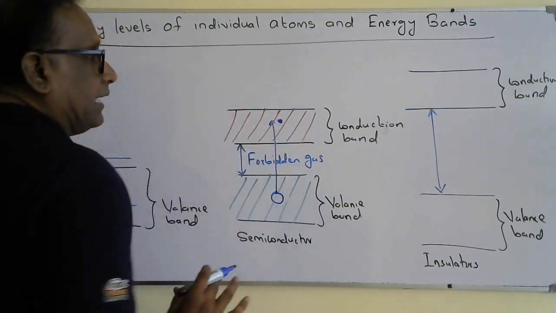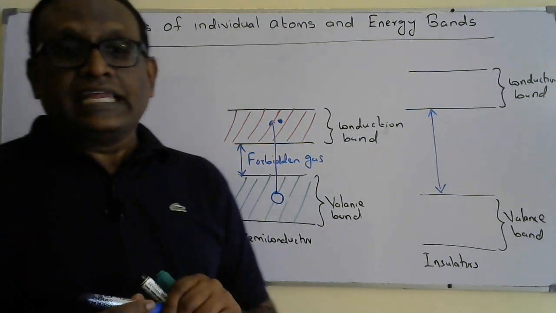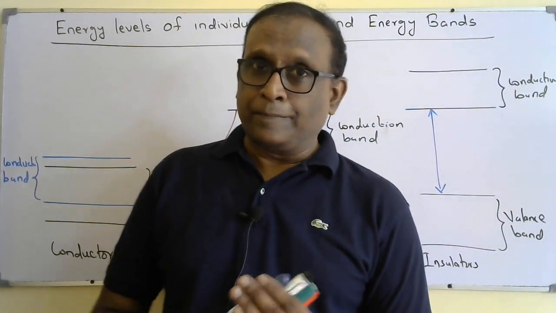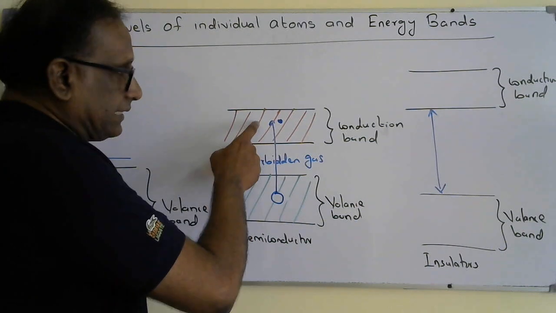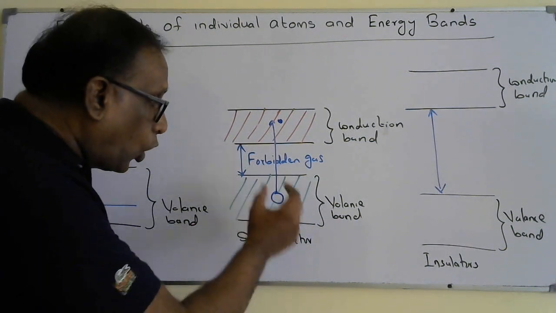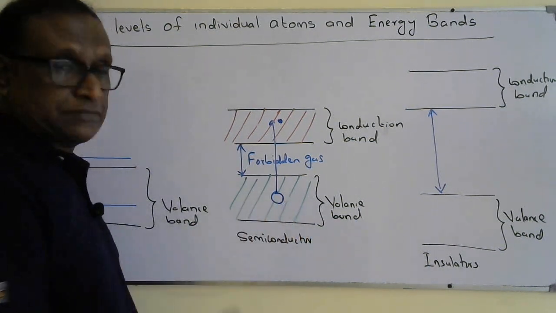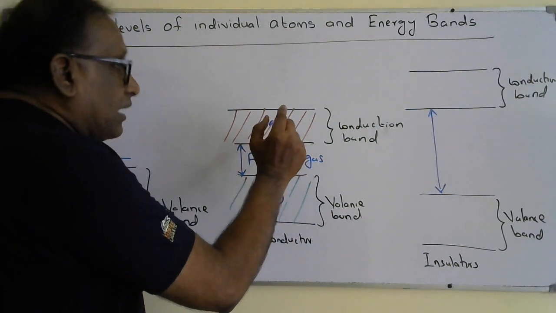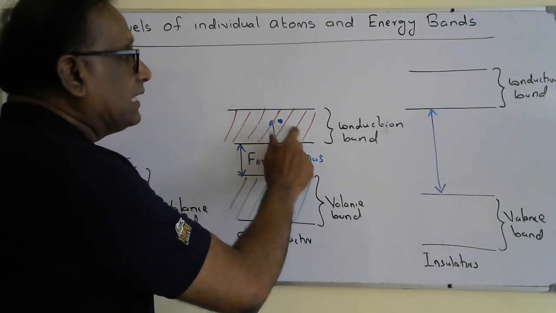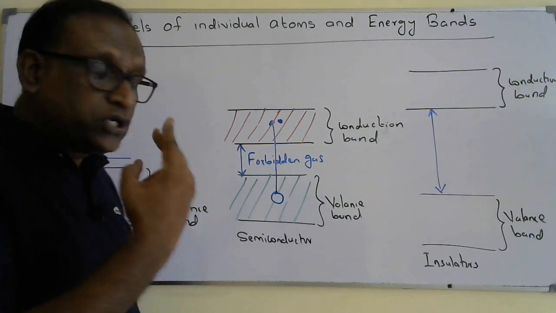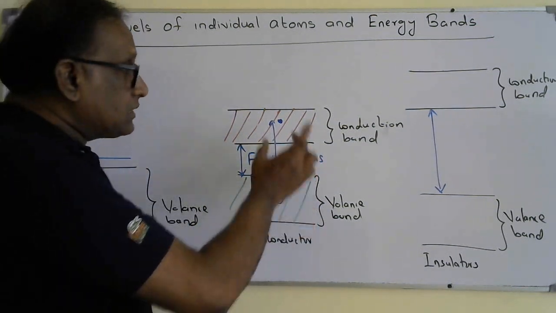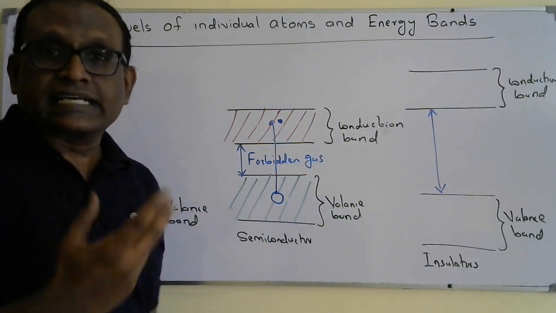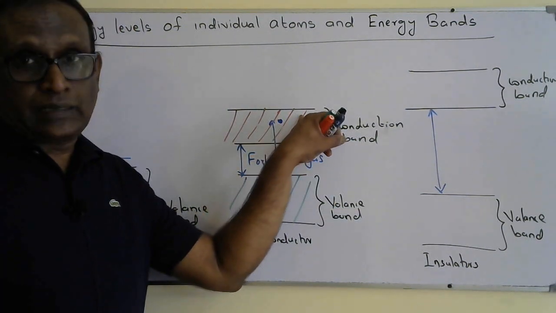So there will be a void, or a gap, in the valence band, and free or delocalized electrons in the conduction band. When one electron is excited from the valence band to the conduction band, there will be one hole in the valence band and one delocalized electron in the conduction band. When two electrons are excited, there will be two holes and two conduction electrons.